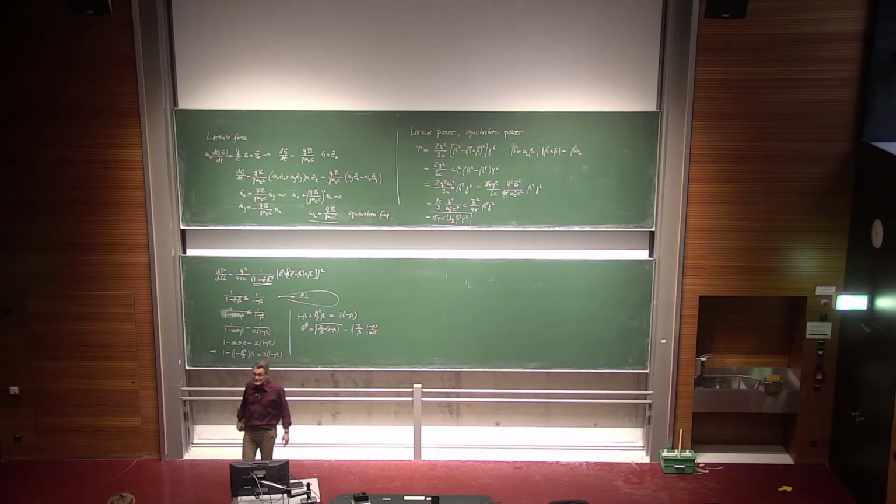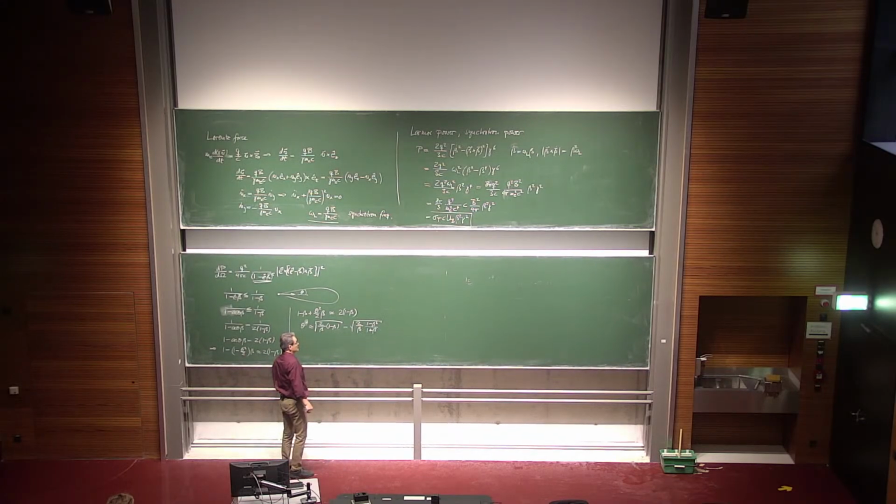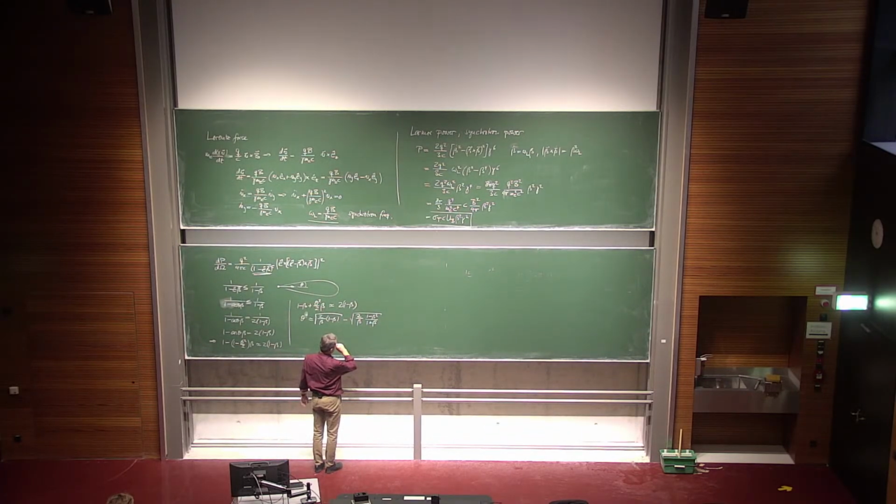In other words, I'm expanding the 1 minus beta by 1 plus beta. Well, does this help in any way? Well, 1 minus beta squared is 1 over gamma squared.